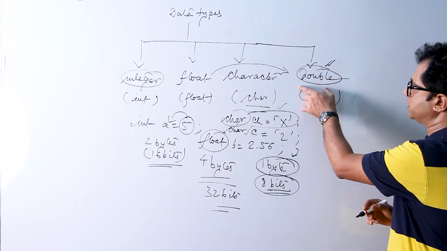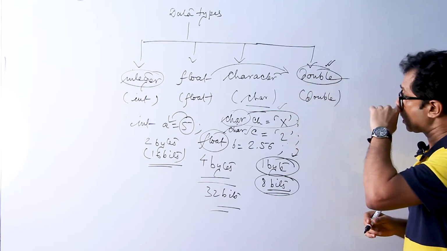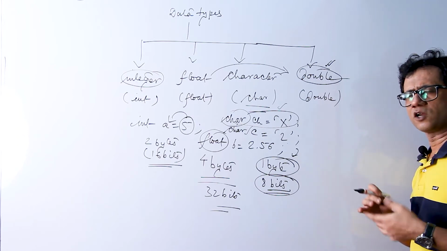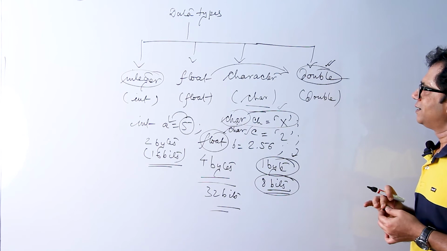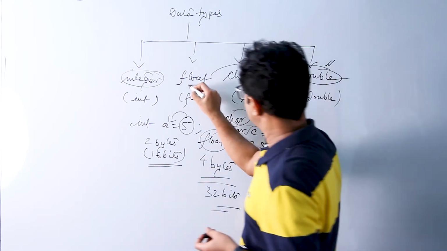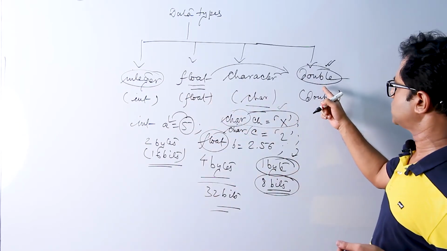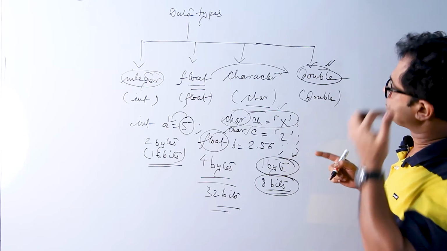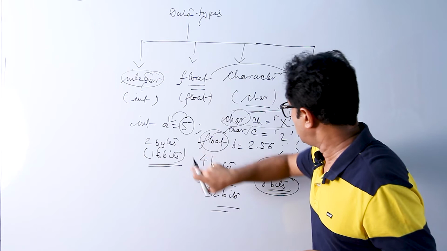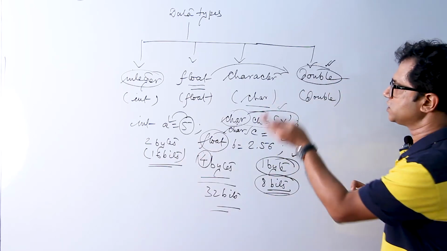So double can contain larger decimal values, values with a very large fractional part, so that values which cannot be accommodated by the float data type can be accommodated by the double data type, because the float data type occupies how much memory? 4 bytes.